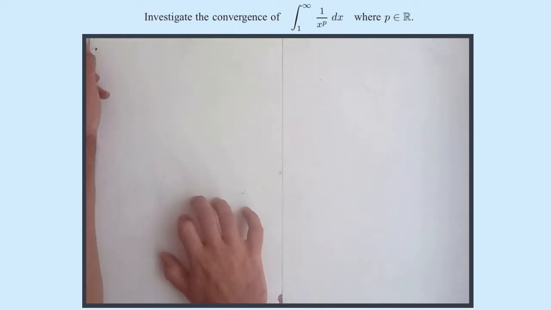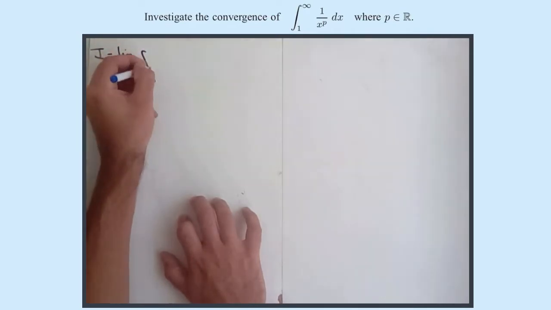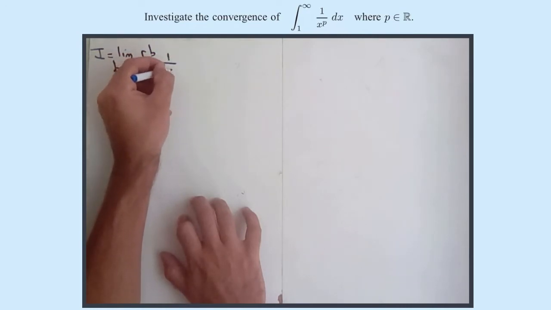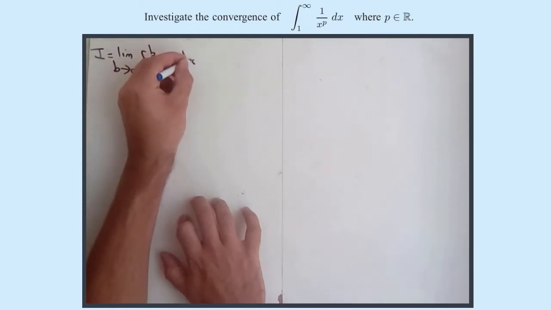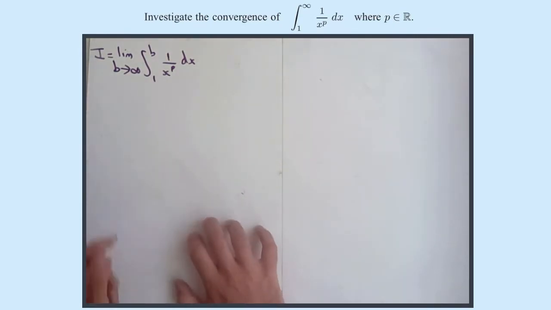Right, so the integral, I'm going to call the integral I, equals the limit as b approaches infinity of the integral between 1 and b of 1 over x to the p dx. So that form is fine for the first one if we just consider p equals 1.